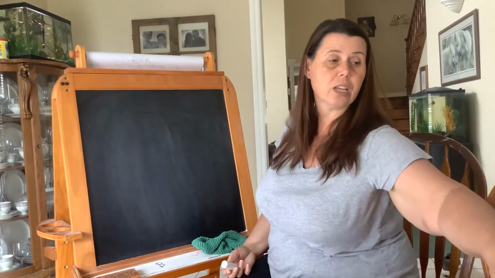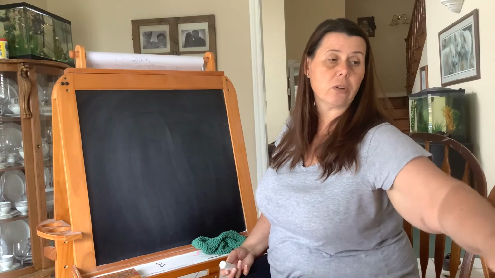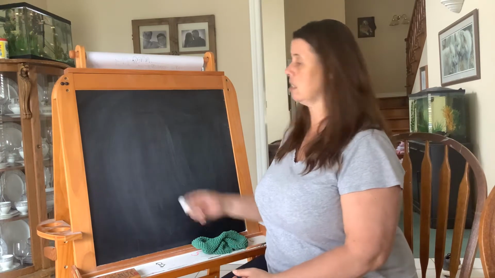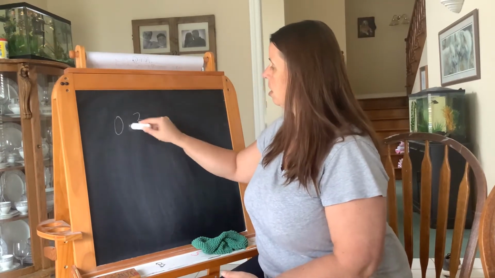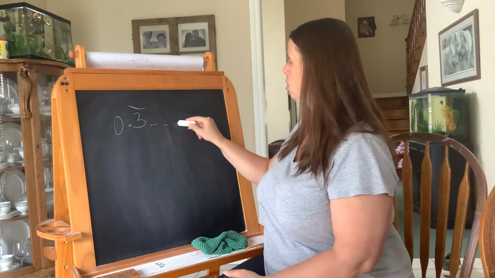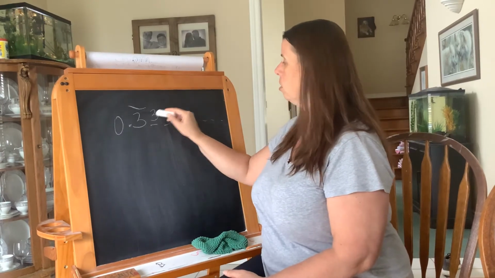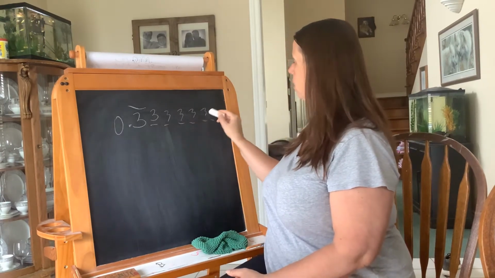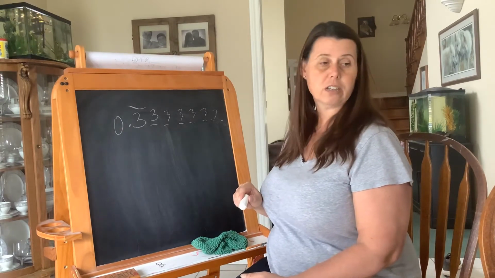Okay? So in number 1, you're going to write each decimal to 8 decimal places. So if you have 0.3 with the bar over it, and there's a whole bunch of blanks behind that, the only part that's repeating is 3, so you're just going to fill in 3 all the way across.